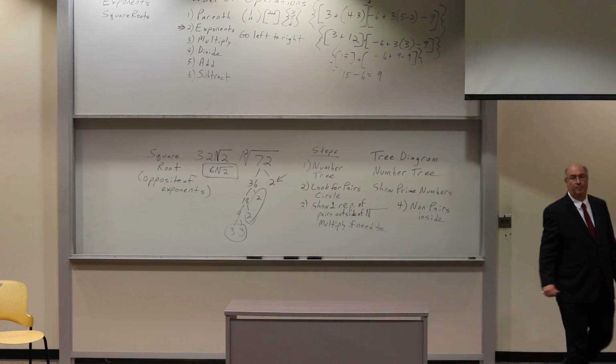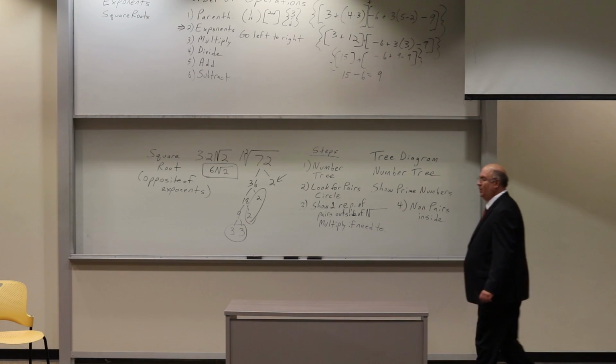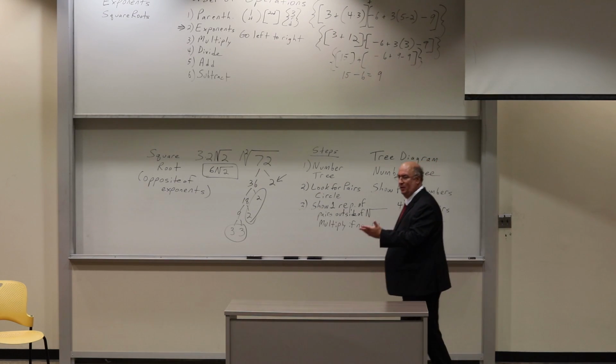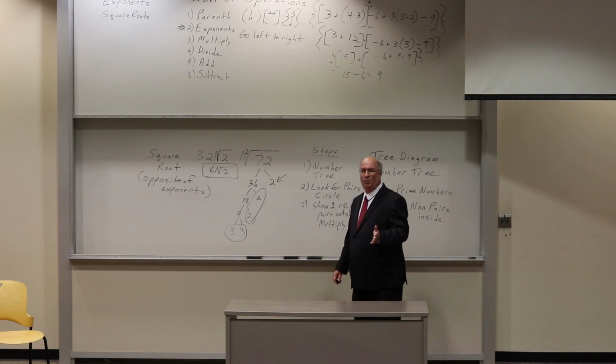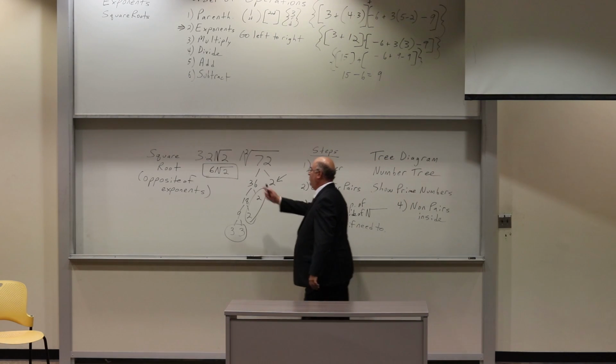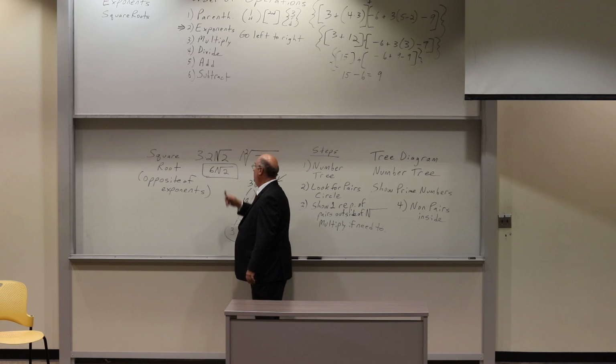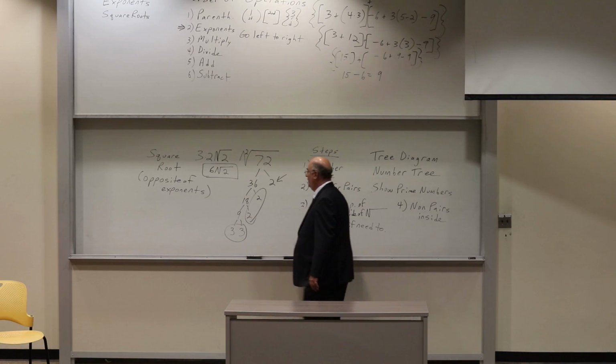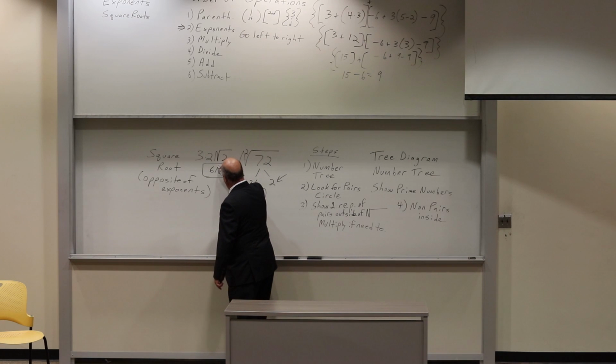With the numbers for the pairs, we'll multiply them if we need to. If there's more than one number on the outside, we'll multiply. If there's not more than one number on the outside, we just keep that number. All right, so we took 3 times 2, we got 6. And then we have square root of 2 inside.